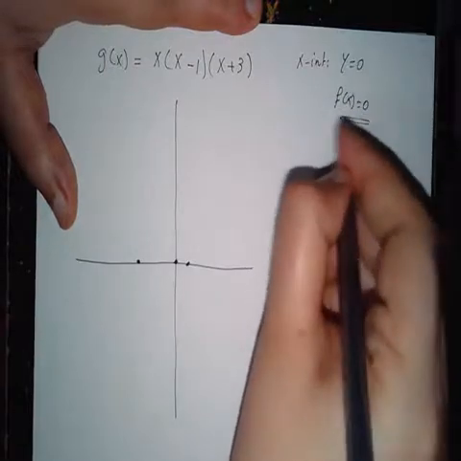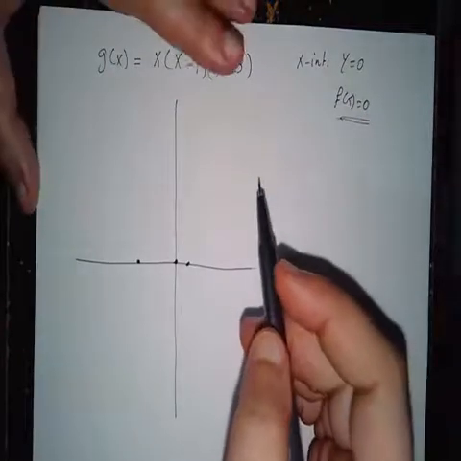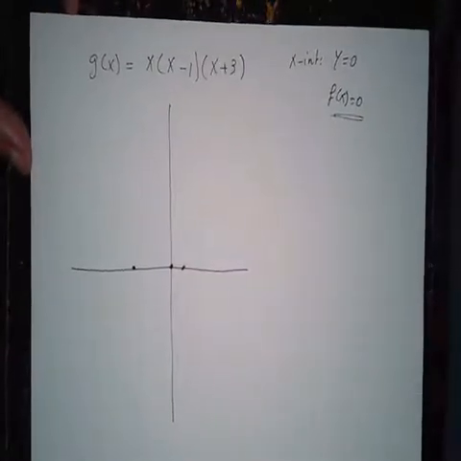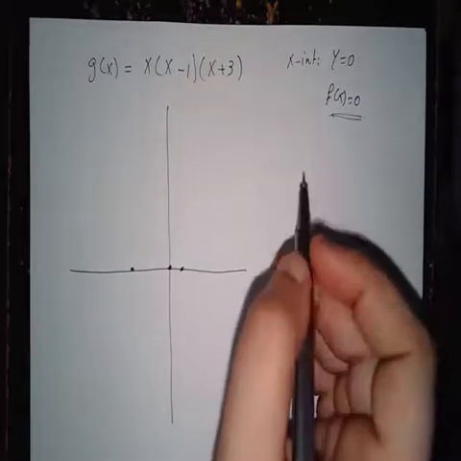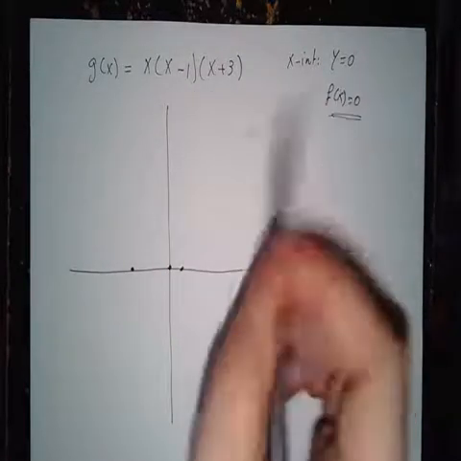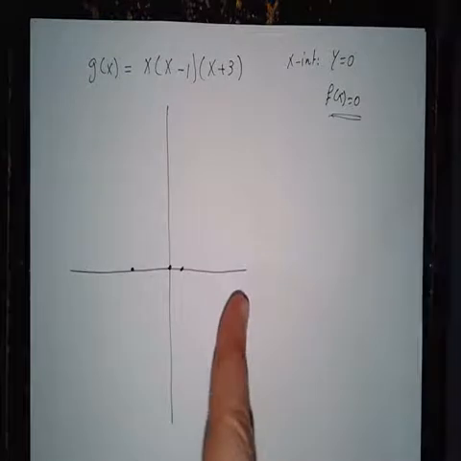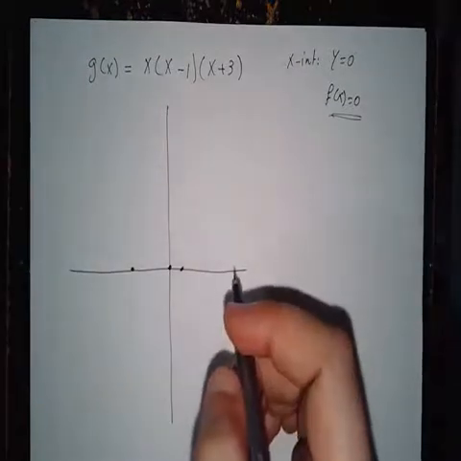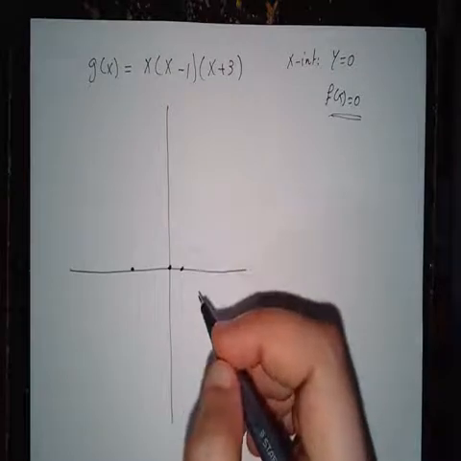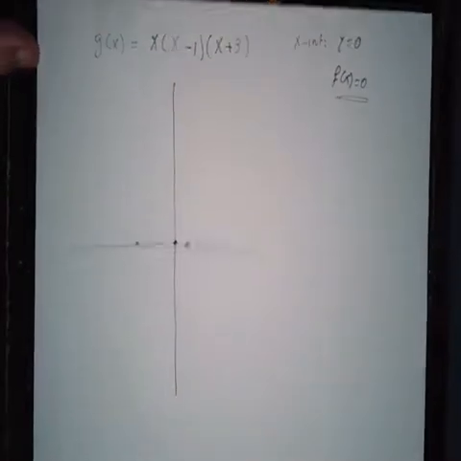So when you solve for the zeros, you're finding your x-intercepts. So the x values here are going to be the same values you have on your x-intercepts. And whenever you want to plot your x-intercept, after you find the x values, for y you always plug in 0. That's why the points are always going to be on the x-axis, which kind of makes sense since they have to intersect the x-axis. Yeah?